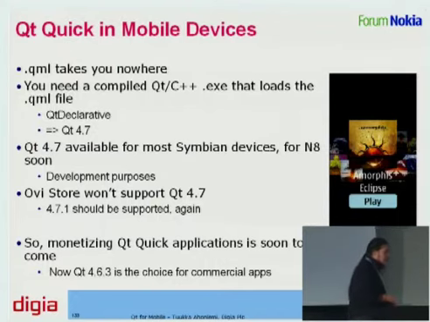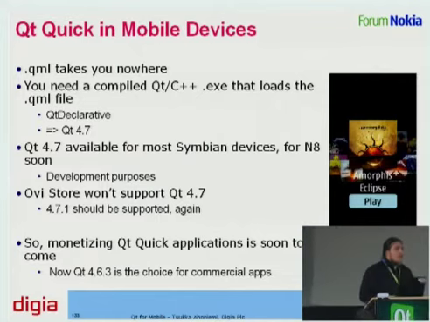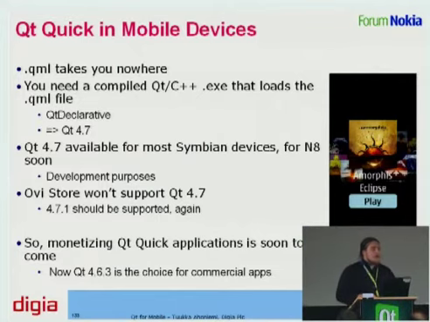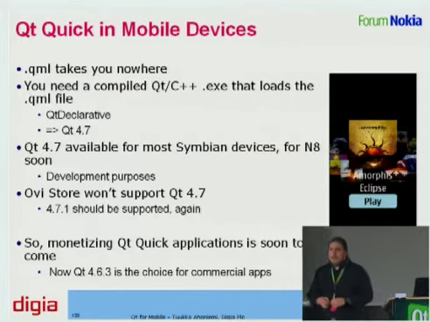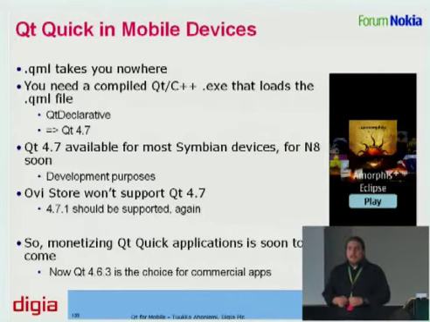They are actually testing all of those devices for which they say that this technology will work. And that will take some time. So it will take some time before Qt 4.7 goes to applications for Ovi Store. And that's why Nokia Qt SDK does not support that either.